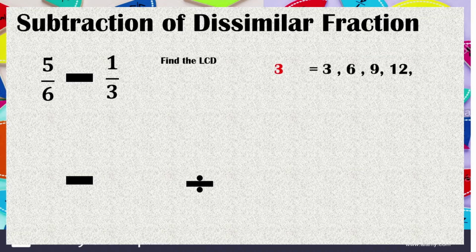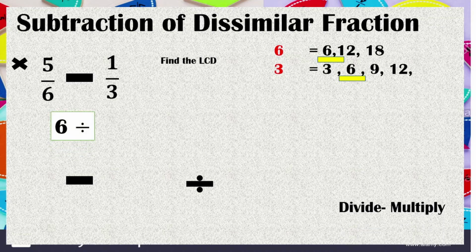denominator nila. So 3, 6, 9, 12. Then 6, 12, and 18. Now, what is the LCD of the two? Okay, so we have 6. Ngayon, gagamitin natin as a denominator ang 6.